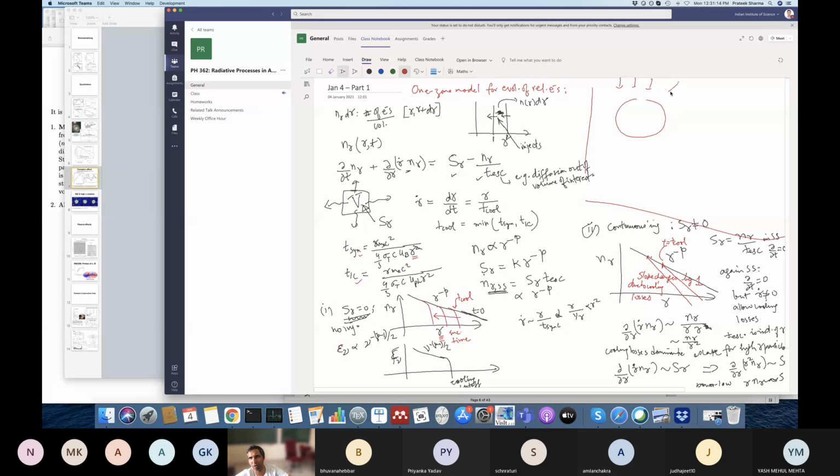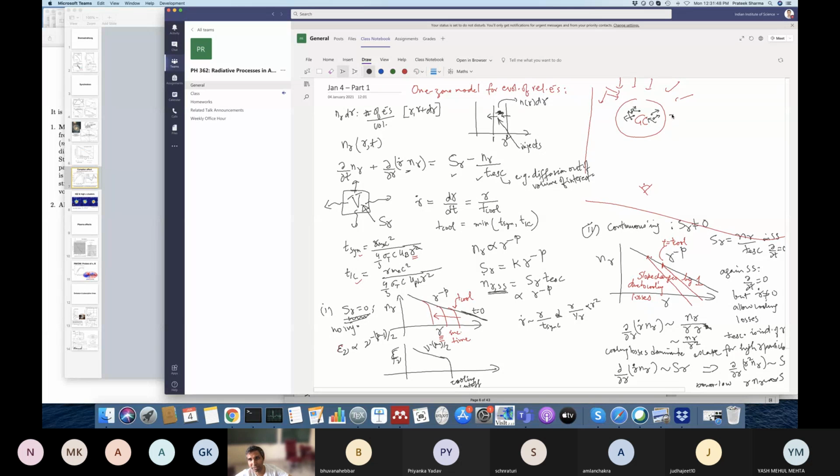CMB radiation comes from all directions everywhere. This galaxy cluster has electrons which are also thermally moving in all directions. So isotropic radiation, isotropic electrons. This is the standard setup that we did: scattering of isotropic photons by an isotropic distribution of electrons.